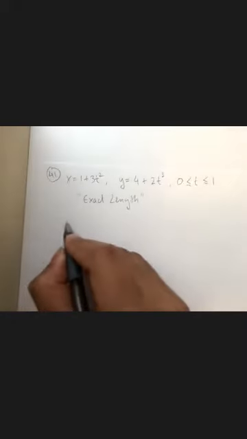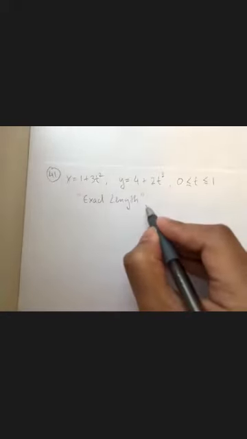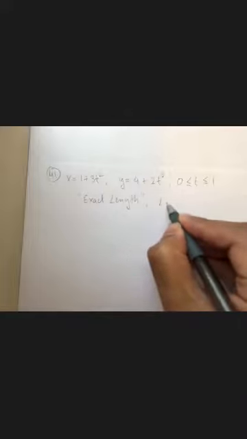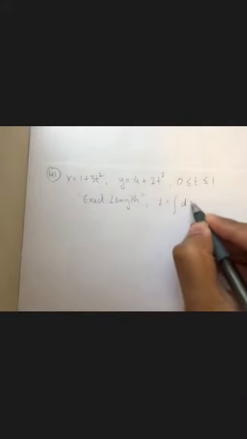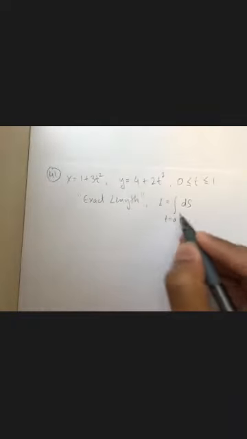So exact length is the arc length. You integrate from t equals 0 to 1.